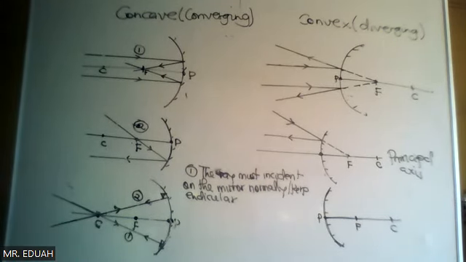Please, if you say normally, isn't it the principal axis? No, by normally I mean it's incident on the mirror at an angle of 90, normal, 90. Or normally or perpendicularly.